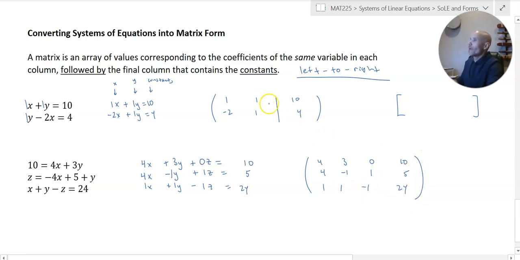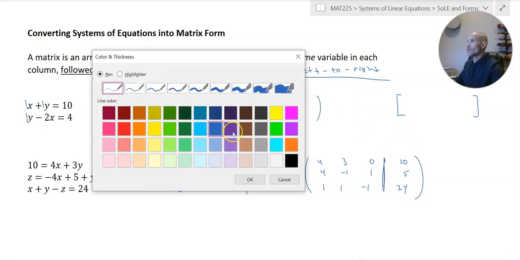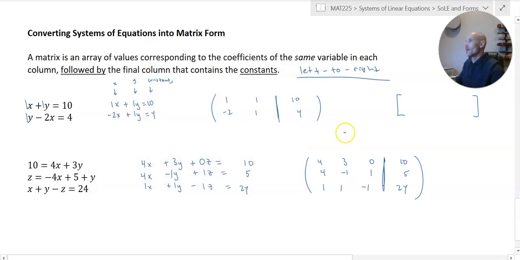There's our system. This vertical line here that I drew and didn't explain, that's not necessary. This is optional. This guy here is really just a visual aid. And that's not used in tech applications.